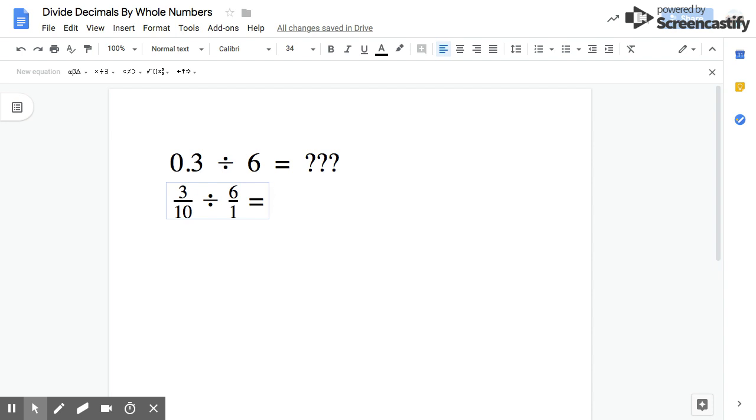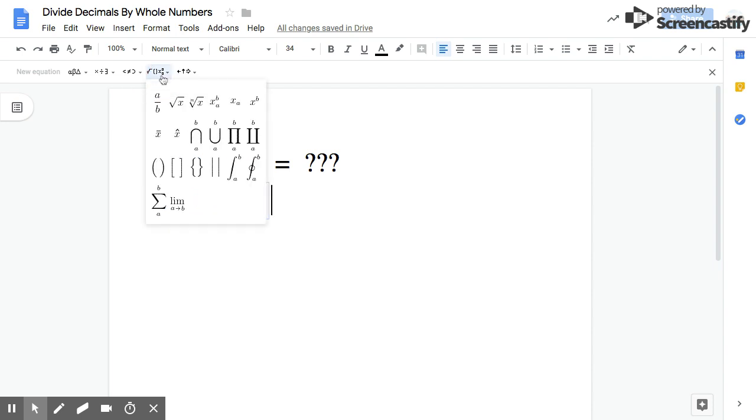But if you think about what you're doing, you can do this a couple different ways. So I could take the 3/10 and turn it into an equivalent fraction where the numerator is divisible by 6. So for example, I could say, well, I know that 3 times 4 is 12.